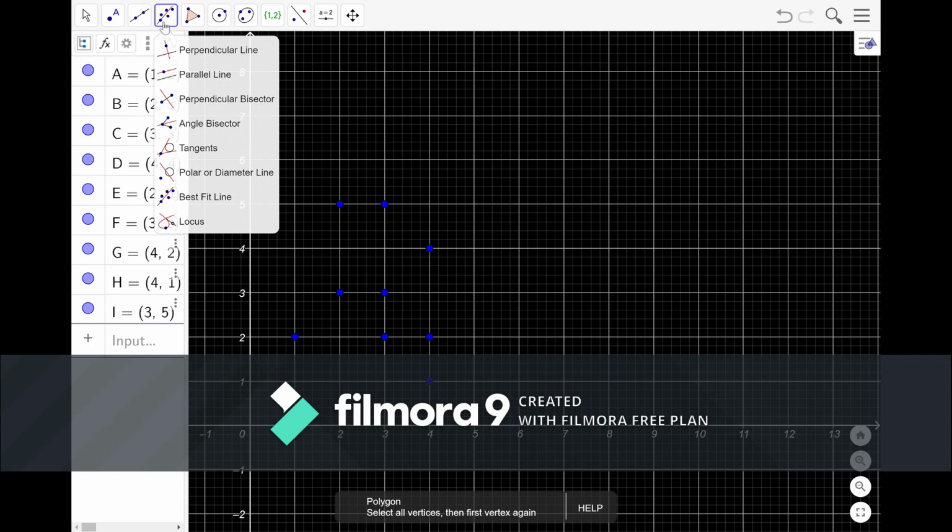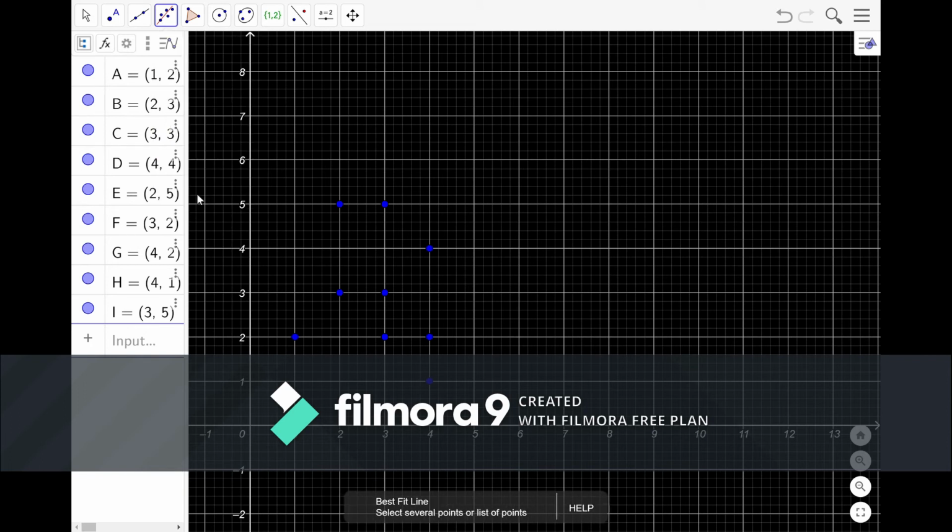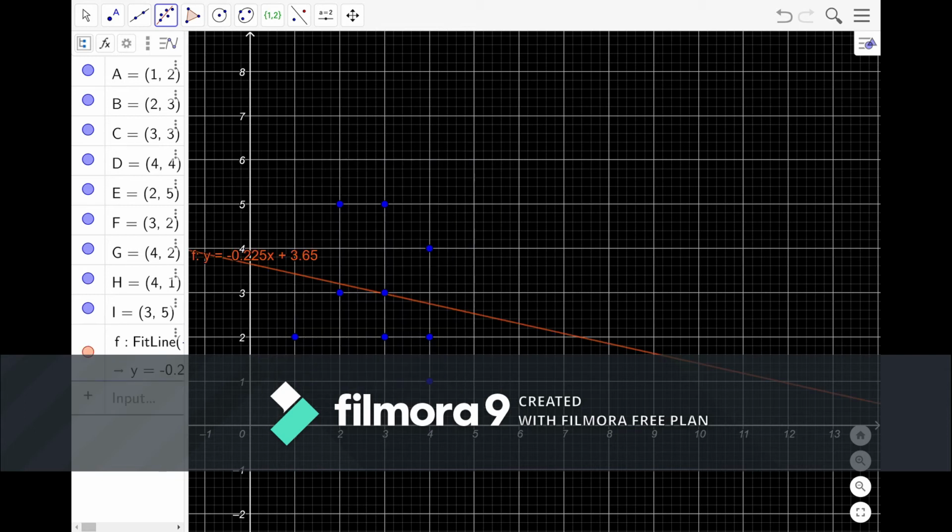So let's select the line of best fit. The equation is y equals negative 0.225x plus 3.65. So the regression line has a slope of negative 0.225, and that's what we are seeing here in this diagram.